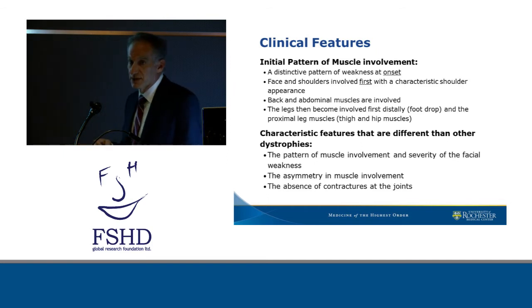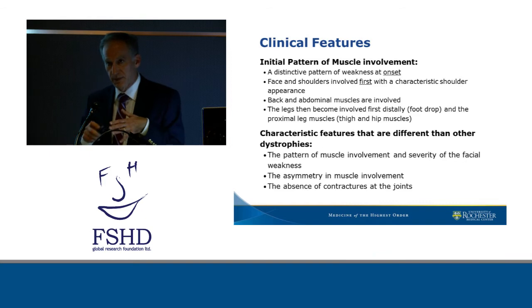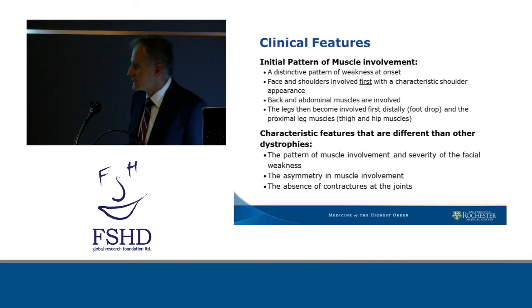There's asymmetry in the muscle involvement from side to side, and I have a very good example of that I'll show you in a minute. And there is an absence of contractures in the joints. If you're familiar with other forms of muscular dystrophy, around joints where muscles are weak, there's a lot of contractures. That rarely happens in FSH until very much later stages of the disease.